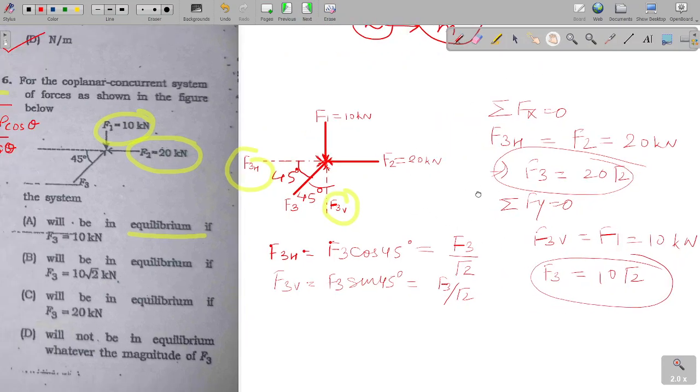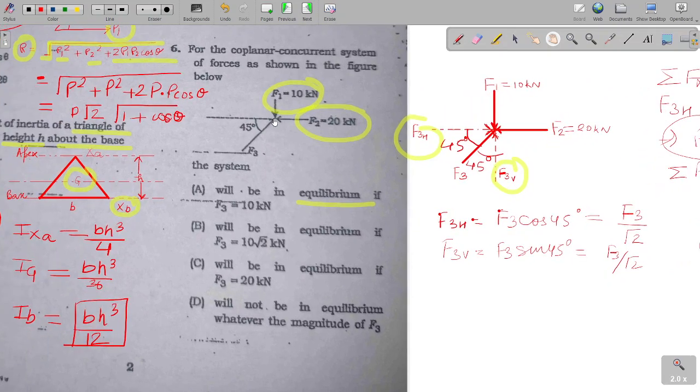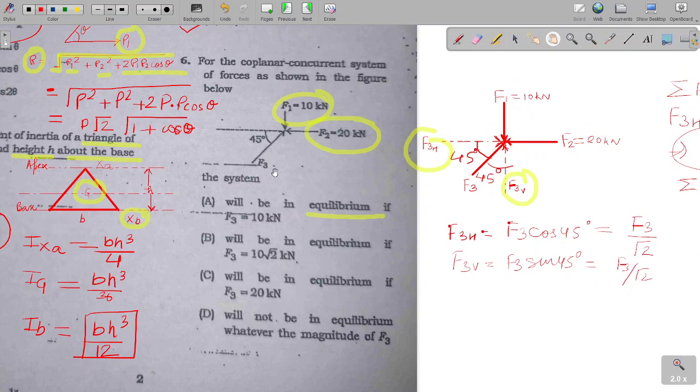That is, with this orientation of F3, we cannot establish equilibrium by any magnitude of force F3. So the correct answer will be D, will not be in equilibrium whatever the magnitude of F3 may be. So moving on to our next question.